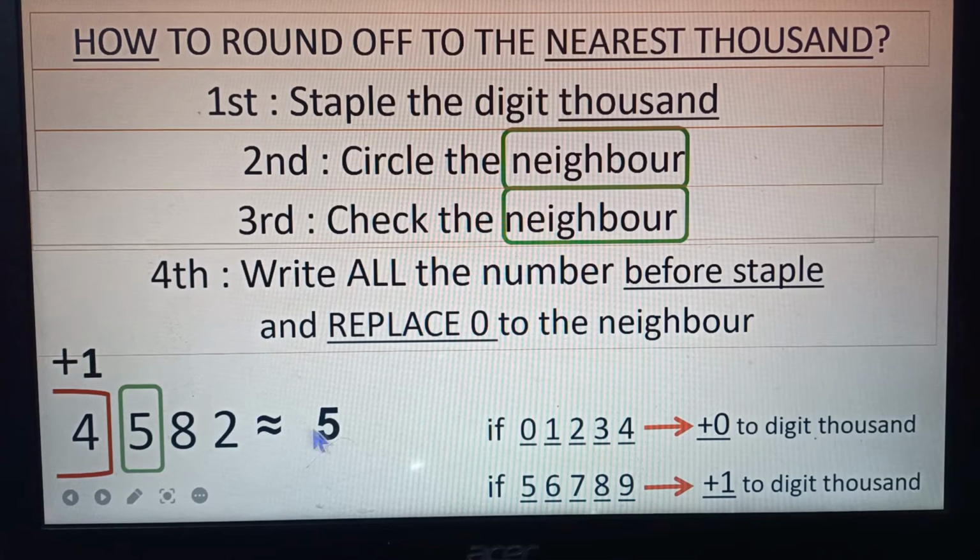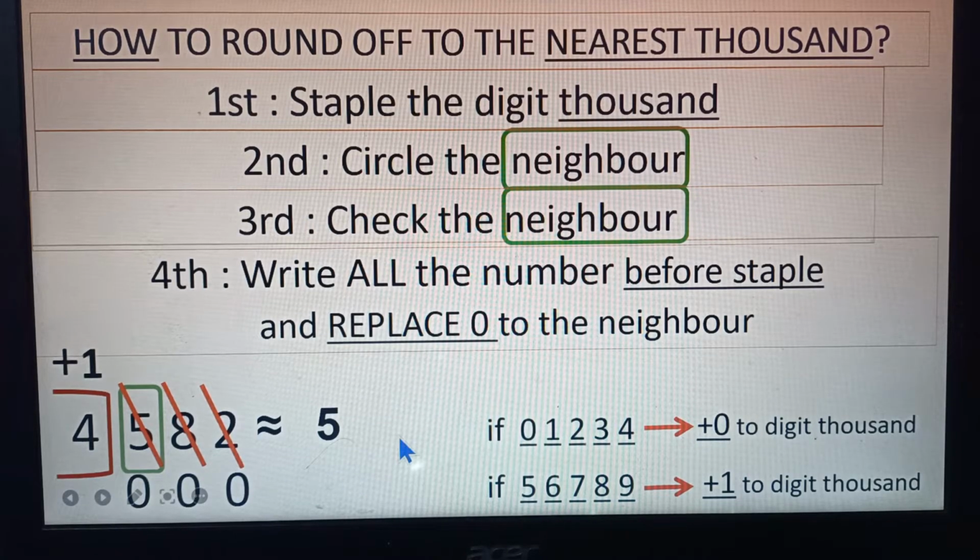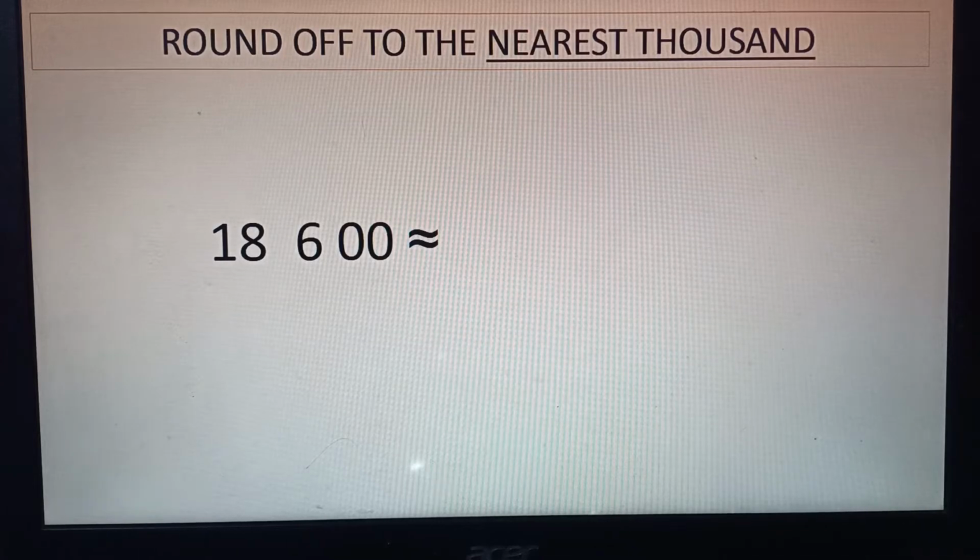We got 5. And then what happened to the belakang staple tu? Selepas 1,000 tu, we cancel semua termasuk neighbornya tu. And then we replace with 0. So you got 5,000. Okay, 5,000. That is the answer. Okay, let's try round off to the nearest 1,000.